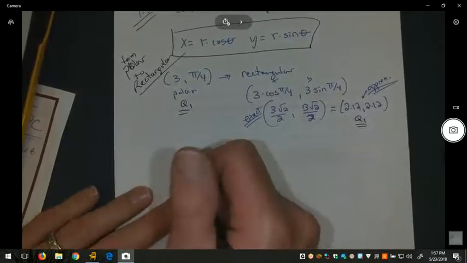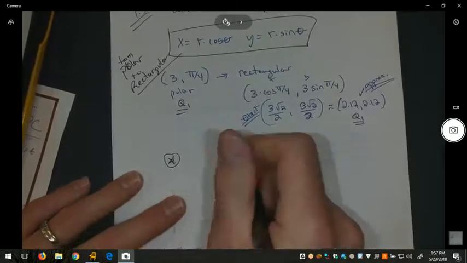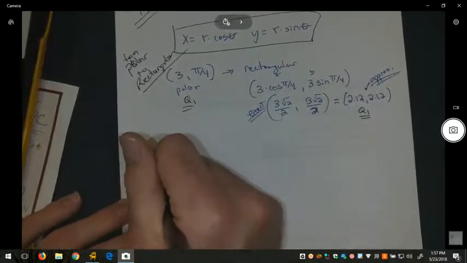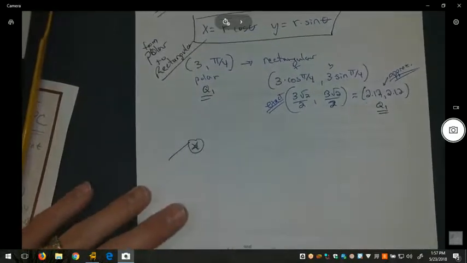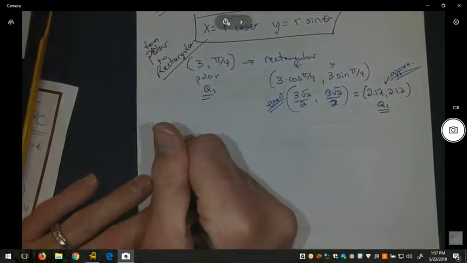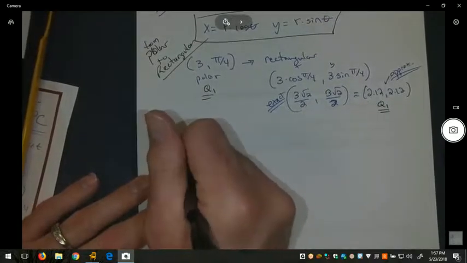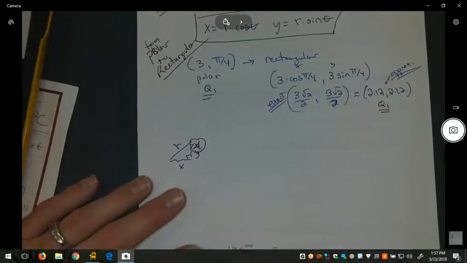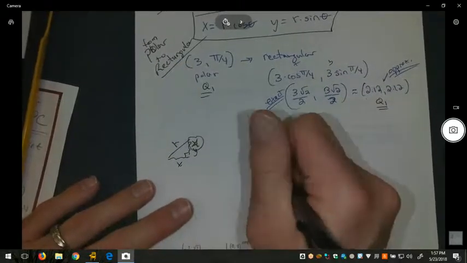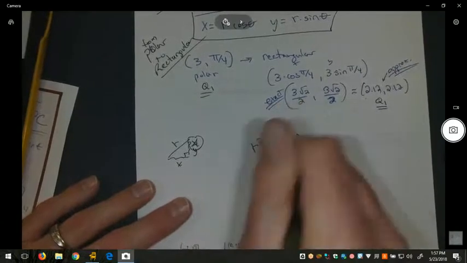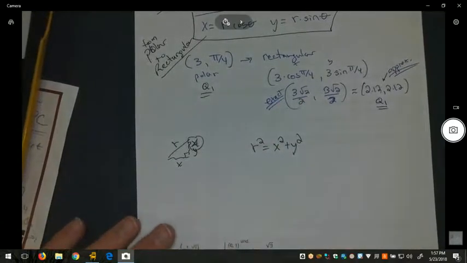Now we're also going to look at the other relationships that we made a note of today. That was that when we have our unit circle and we have a terminal ray, there is an x-coordinate and a y-coordinate to that terminal ray, and a radius. It doesn't have to be 1. And we said, well, that means that the radius squared is x squared plus y squared, which is true.